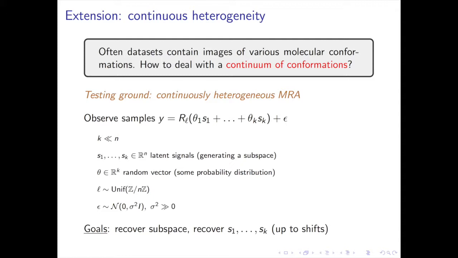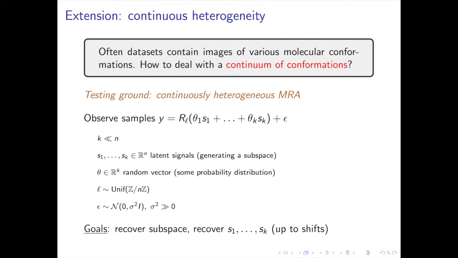There's a flexible molecule, say, continuously opening and closing in some portion of it. How could we try to recover a continuum of conformations? Here's a testing ground, another toy problem to analyze: continuously heterogeneous MRA, multi-reference alignment.